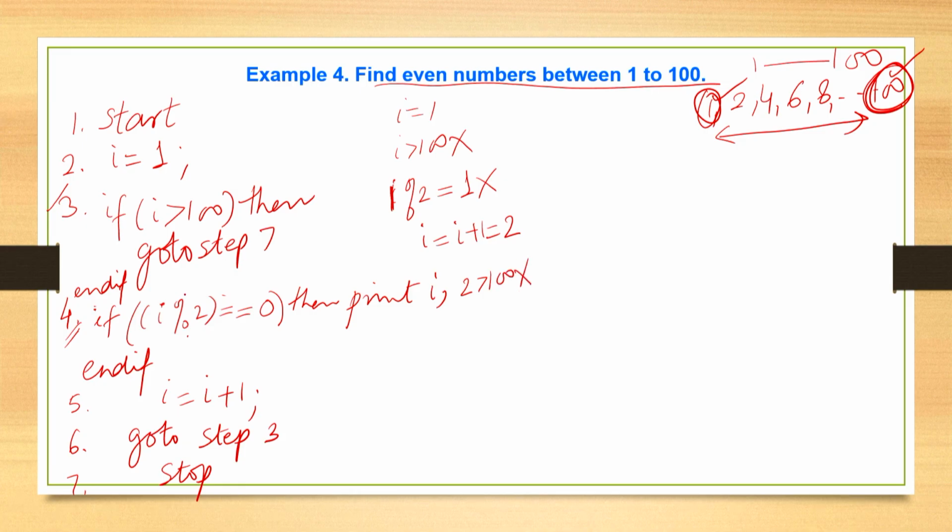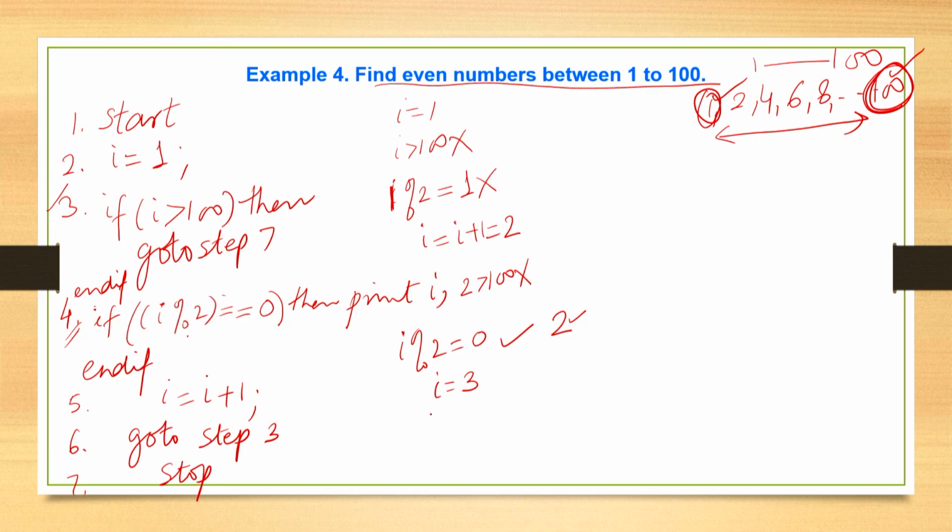No. Then I move to step number 4. Here I'll check I modulo 2 is equal to 0. Yes, 2 modulo 2 is 0. So I'll print 2. Then after that I'll go to step number 5. So I is equal to 3. Then it says go to step 3.